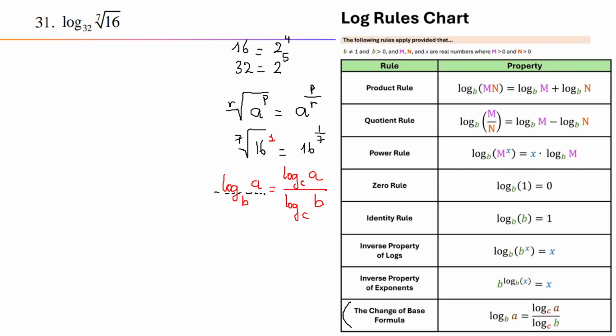Now we'll rewrite this one as a log. I know that I will use base 2, so my c is 2. I will write everything one more time so that it makes sense to you. Log base 2 of the 7th root of 16 is my a, 32 is my b, and my c is 2.